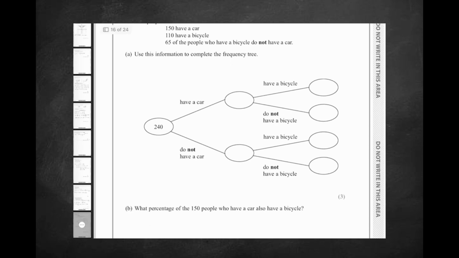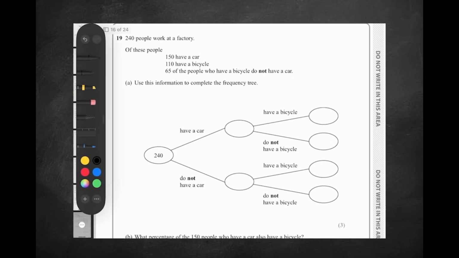So, make sure we can see it. 150 have a car. Therefore, 90 do not have a car, as it's 240 total people. 65 of the people who have a bicycle do not have a car. Have a bicycle, do not have a car, 65. Therefore, the remaining amount of the 90 must be 25.